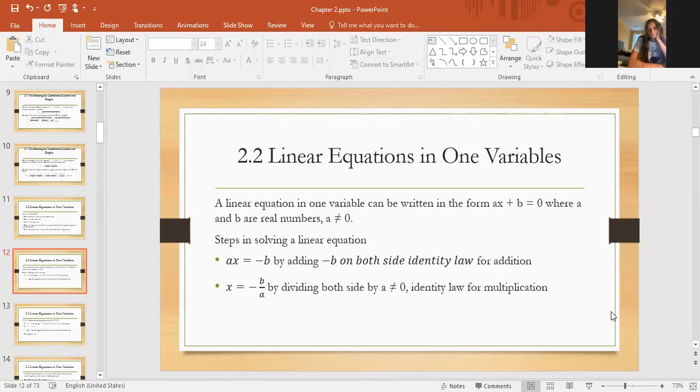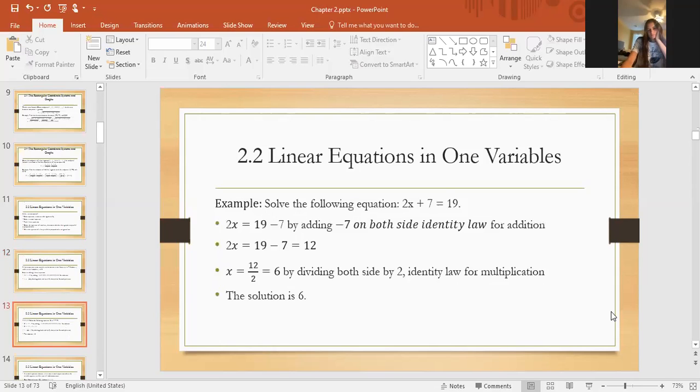The term with the variable here is ax. So b goes on the other side of the equality and becomes minus b. So the solution will be minus b over a. This will be a linear equation when a is not 0. A should not be 0.